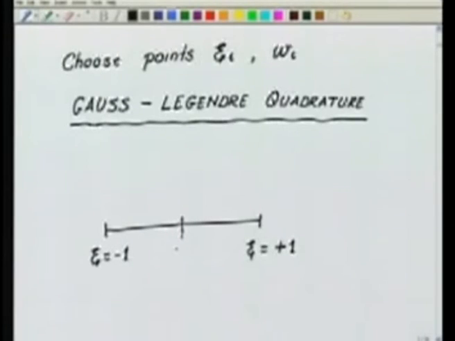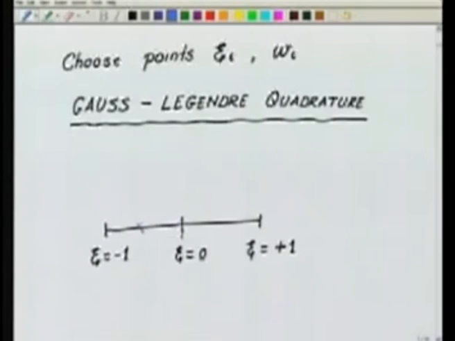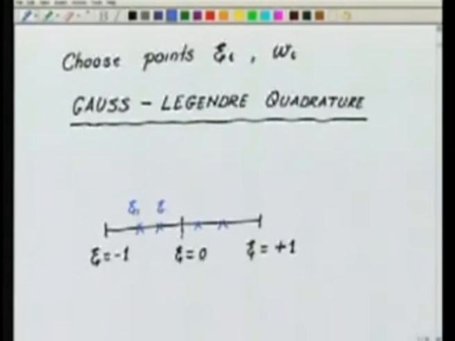The center of it is the point psi equal to 0. So I am going to choose points which are symmetrically placed on either side of 0. So I can choose this point and the corresponding point here. These are going to be our choices of integration points, such that if I call this point psi 1, this point psi 2, this psi 3, psi 4, then psi 1 is equal to minus psi 4, psi 2 is equal to minus psi 3.